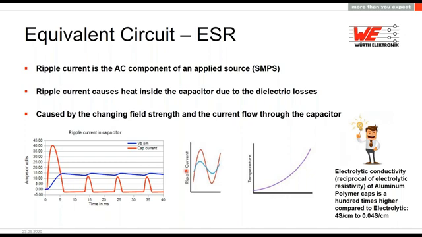Mostly the conductivity of the electrolyte material is important, but we also have to check what electrolyte we use because of temperature behavior, lifetime, and so on, so this is also a trade-off we have to figure out. But comparing electrolyte to polymer, you see in the right corner here 4 Siemens per centimeter compared to 0.04 Siemens per centimeter. So the conductivity of polymer is 100 times higher than for electrolyte. Therefore, we can also achieve the low ESR here.